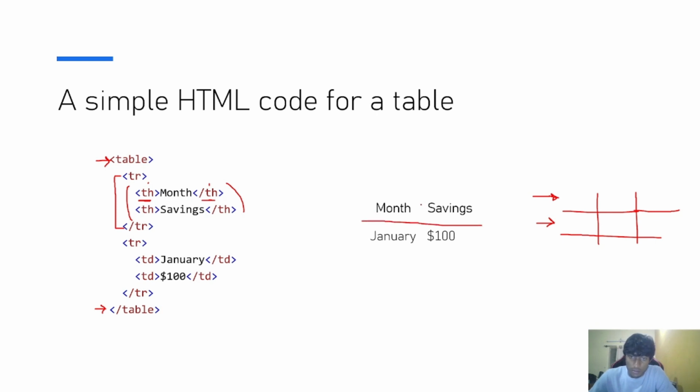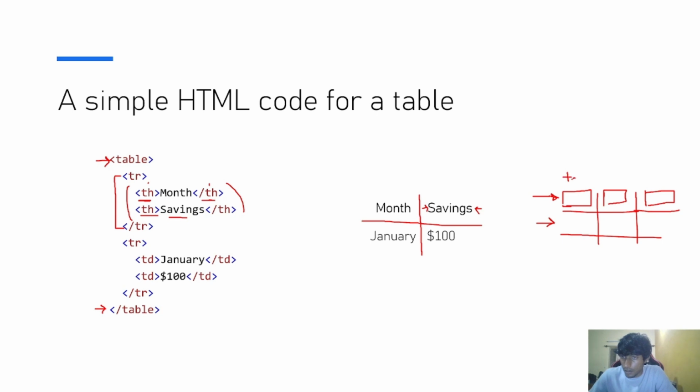Month is your heading, and in the same row we have another header, savings. Note that it's a bit bold and it's centered, unlike all of these. So table headings in bold and in center go here, right?